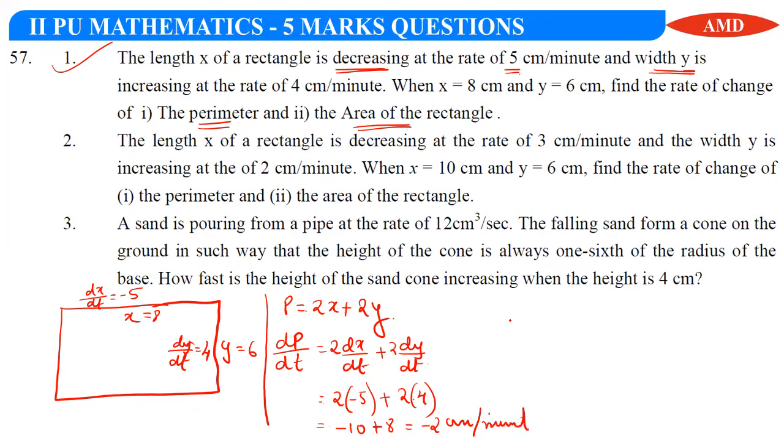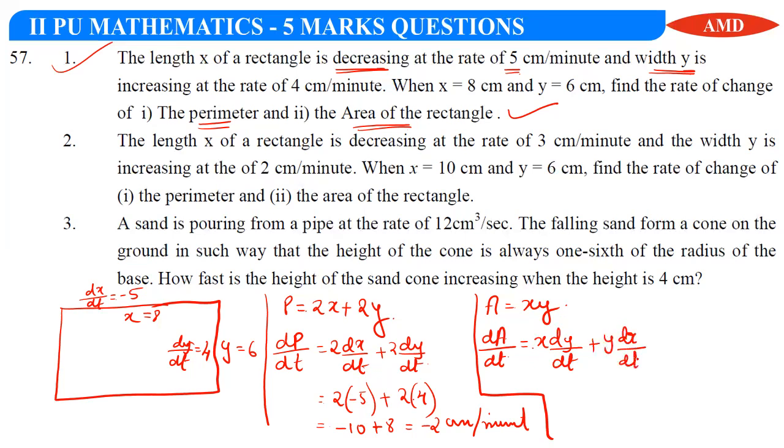Okay. Next question is the rate of change in the area. First of all, what is area? Area is nothing but x into y. Therefore, the rate of change in the area is nothing but dA by dt is equal to first function into derivative of the second function plus second function into derivative of the first function.